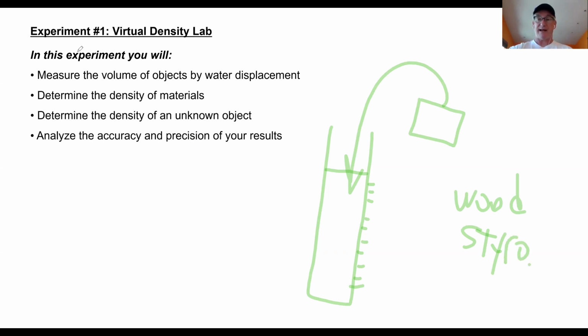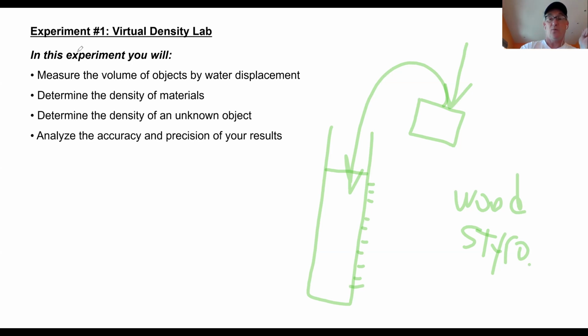They forgot you have to actually push it down under the water to get the volume measured properly. That led to a problem with correctly getting the density.